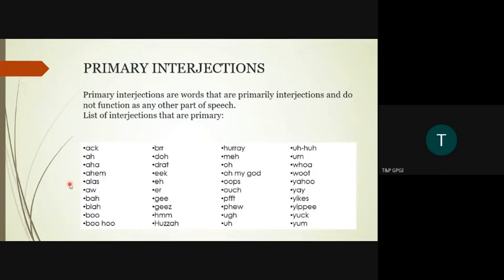Likewise blah, boo, boohoo. We have a long list: gee, omg, oops, ouch, poof, phew, yippee, yuck, yum, and many more. These are the primary kind of interjections.